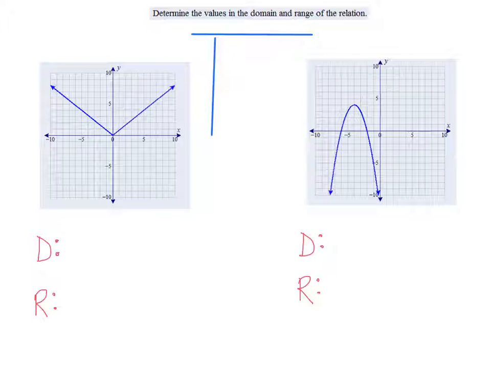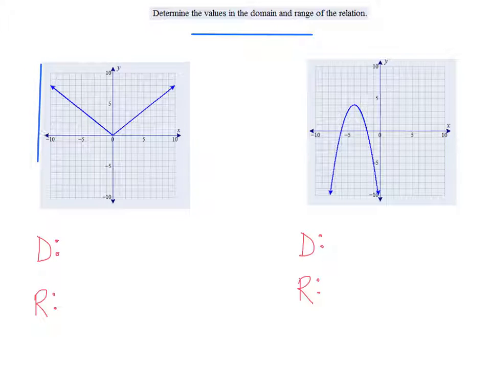Okay, so looking at this first graph, I'm going to start with my domain. My domain is my possible x's, so I'm looking at the farthest to the left and the farthest to the right that this graph goes. You certainly don't have to use your pencil or anything. It's really ideal that you figure this out in your head. How far left will my graph go? Well, that arrow tells me it's going to keep on going forever to the left.